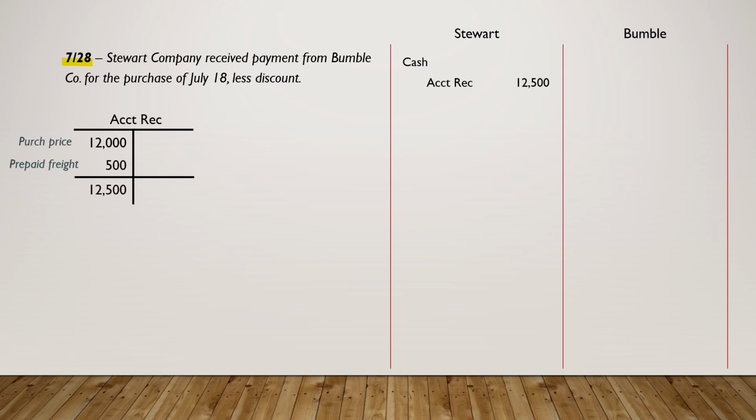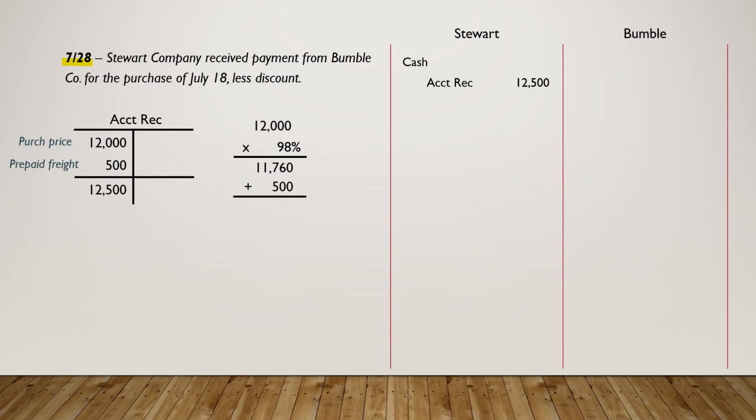Because the payment was made within 10 days, $12,500 is not the amount of cash received. The $12,000 purchase price is to be reduced by 2%. $11,760 is the amount paid for the purchase.